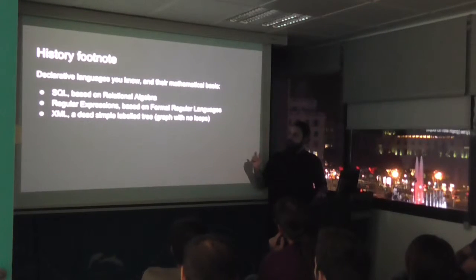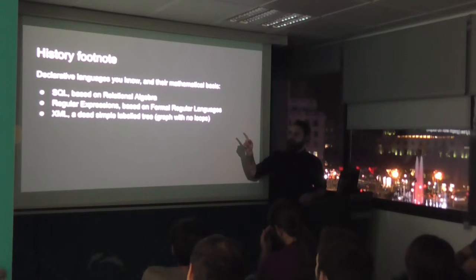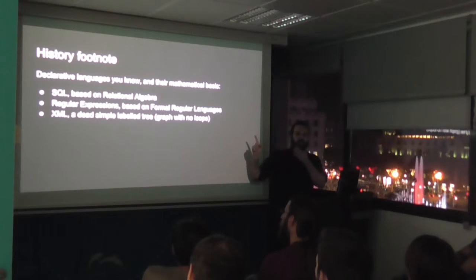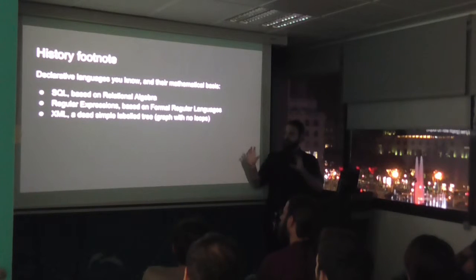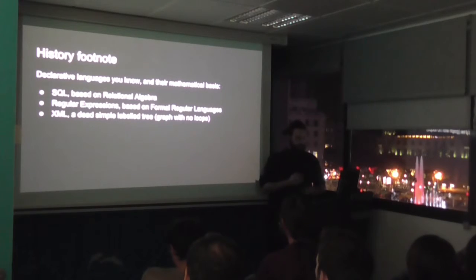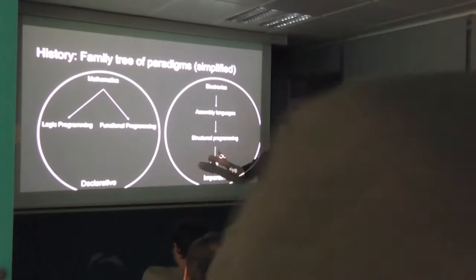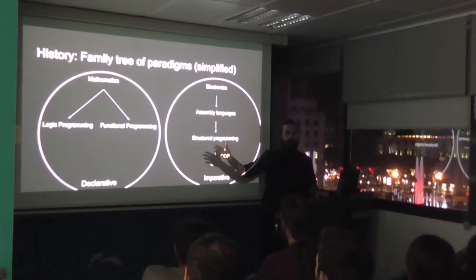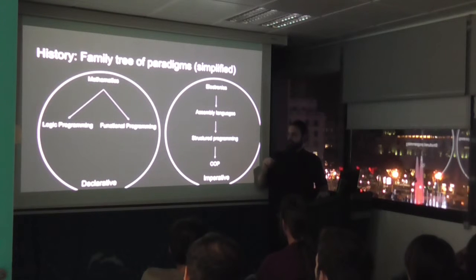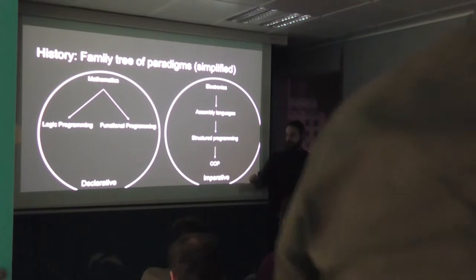But we know some declarative languages. For example, SQL, regular expressions, and XML are declarative languages. And all of them are based on some sort of mathematical theory. So it's not strange, we know about declarative languages. And functional programming is also a declarative language.